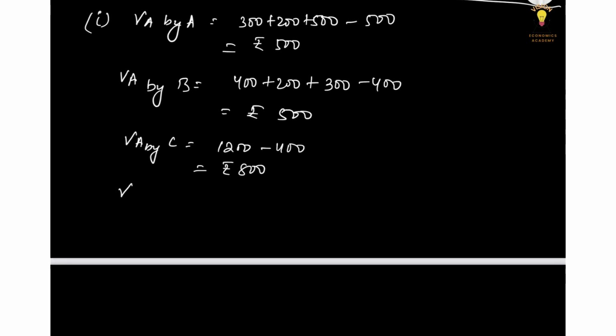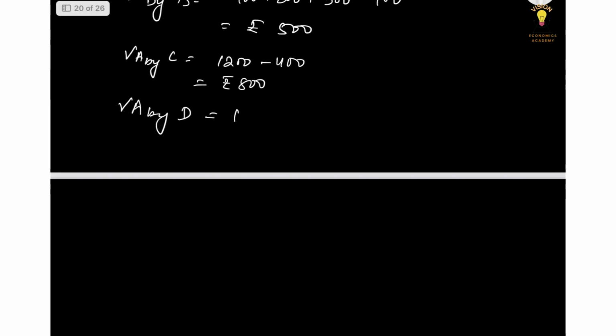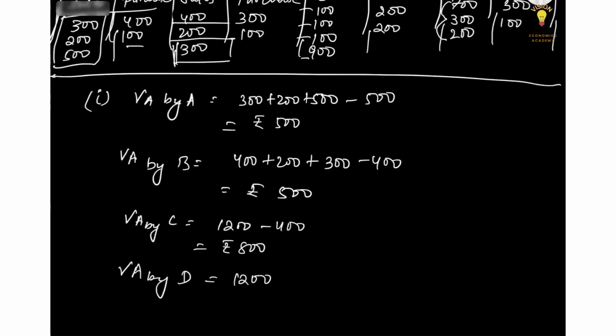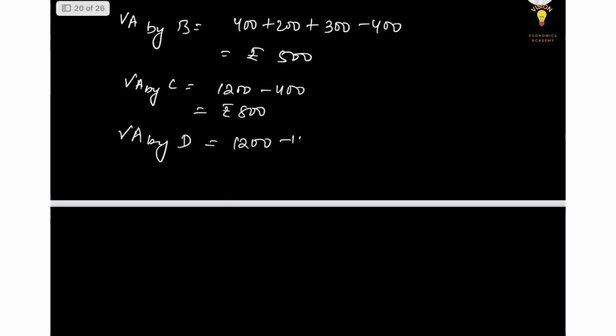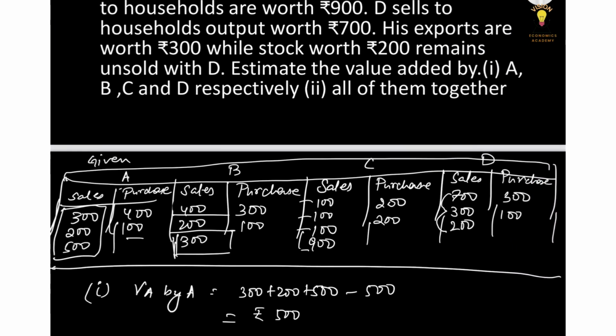Then value added by D is 700 plus 300 plus 200, that is 1200 again, minus intermediate consumption of D, which is 400. That will give us again 800. So the value added of each of the producers is already there.